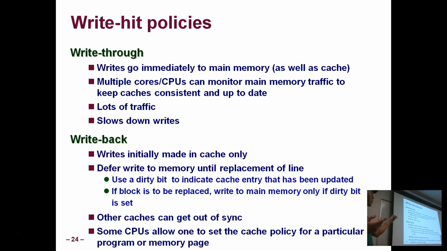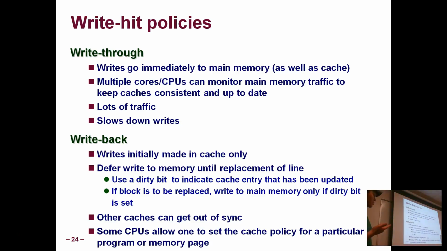And with the write-through cache, basically the other cores can continuously monitor the main memory traffic for that write that goes all the way through to main memory. And when it sees that piece of data being written, it can automatically update its own cache. So this is called cache coherency, which will be an operating system topic when you look at how multiprocessors work. Cache coherency is one of the things that you might like in a multiprocessor.